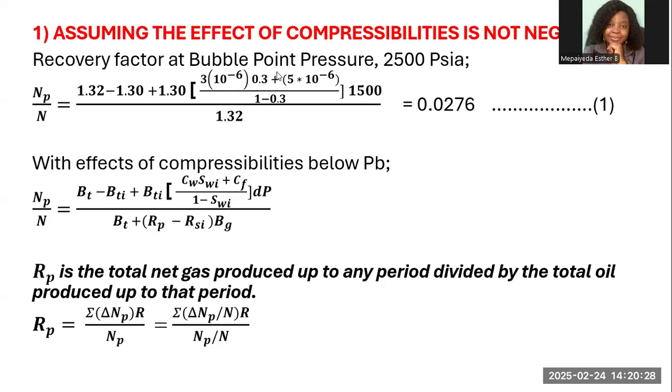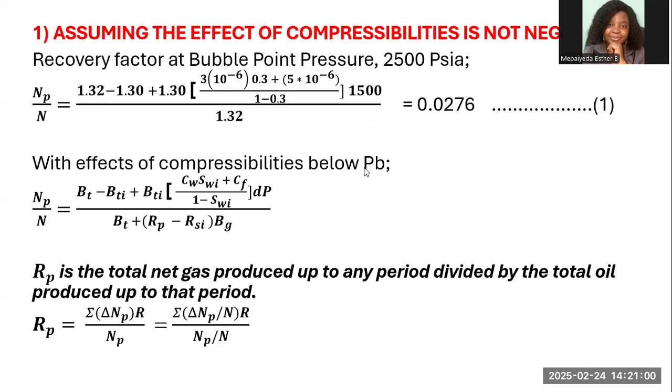So assuming the effect of compressibility is not negligible, meaning that we added the effect of our compressibility to the estimation of our recovery factor. Okay, so you have this equation. You slot in at 2,500 psi at bubble point. You have all the corresponding values.